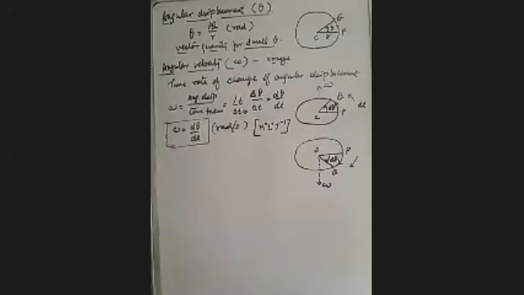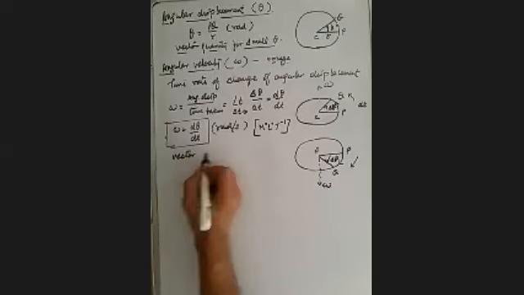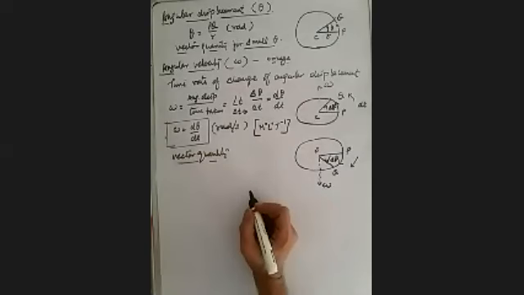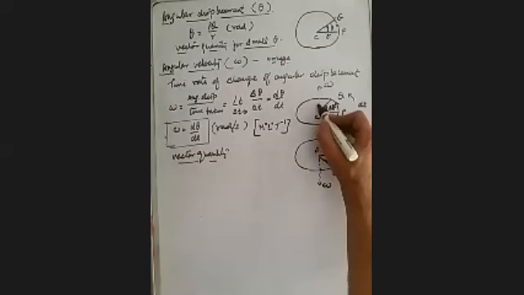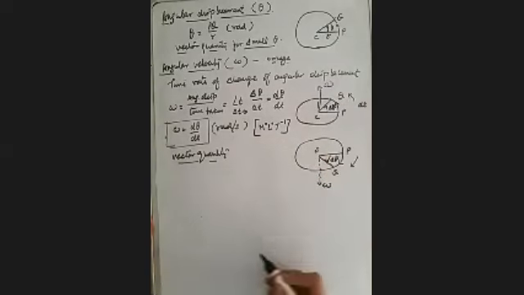That is the dimensions of the angular velocity, and it is again a vector quantity because angular displacement is also a vector quantity. Okay, so in anti-clockwise motion, the direction of angular velocity is upward, perpendicular to the plane, and in clockwise motion the direction is downward, perpendicular to the plane.